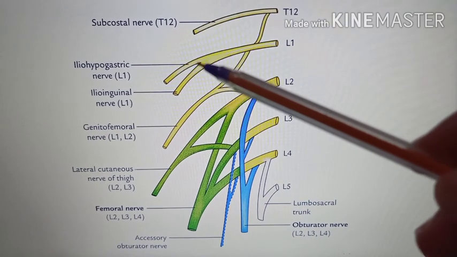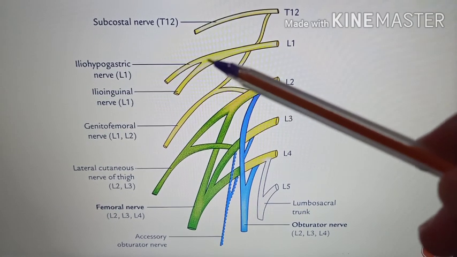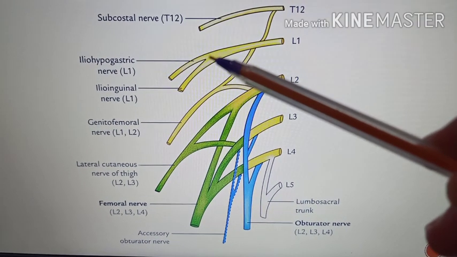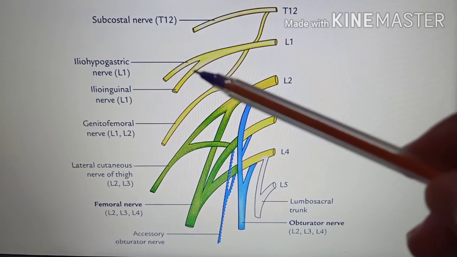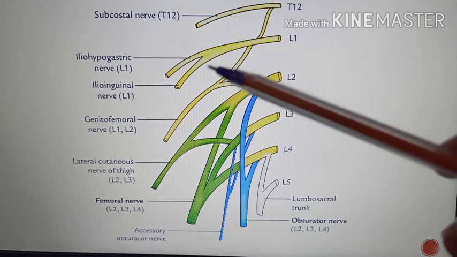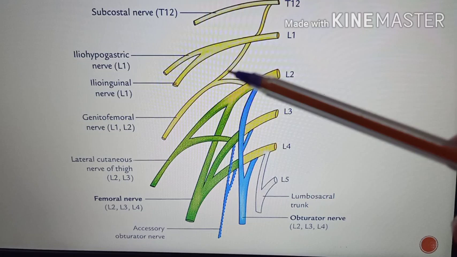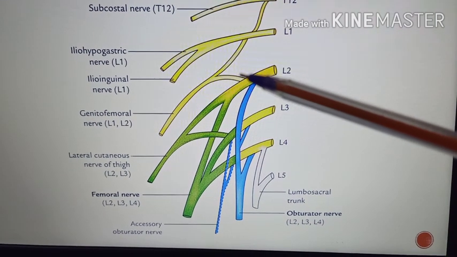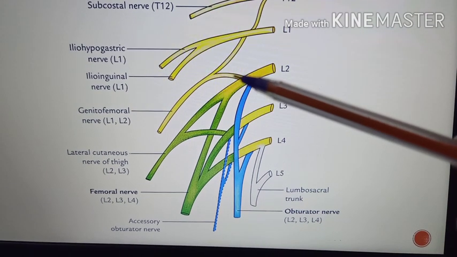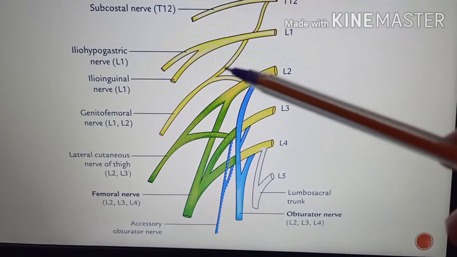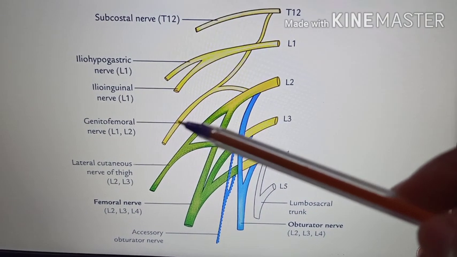So this upper larger branch bifurcates, that is it divides into two, into the iliohypogastric nerve as well as the ilioinguinal nerve. Now the smaller lower branch here unites with another twig arising from L2, the second lumbar nerve, and both these together unite to form the genitofemoral nerve.